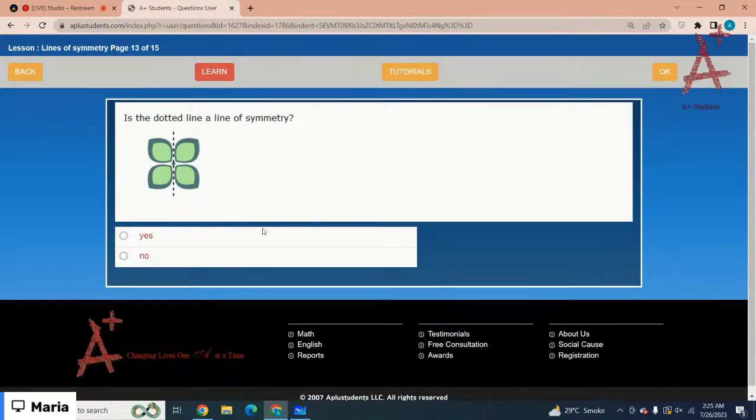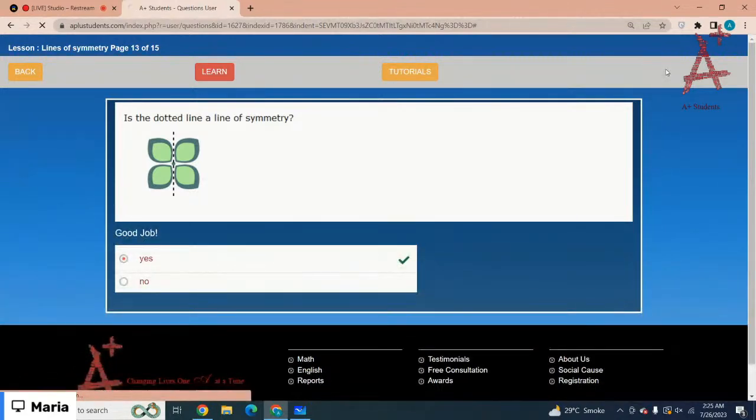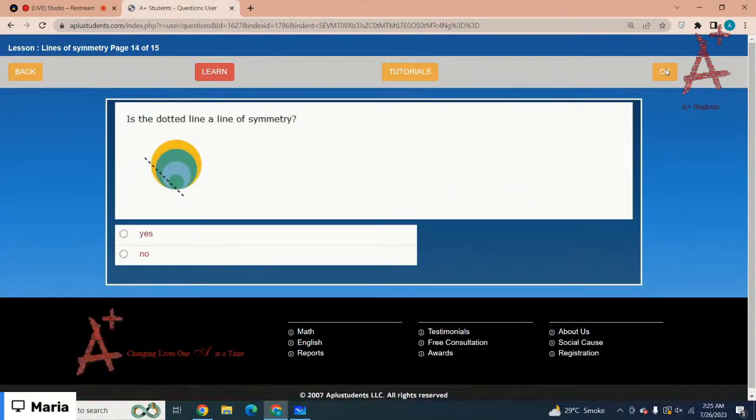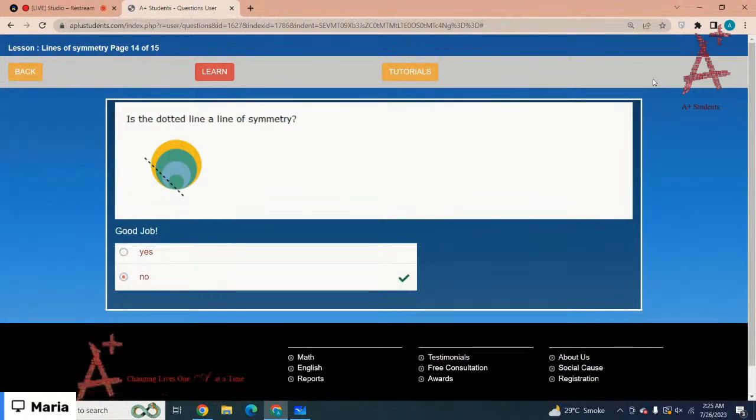The correct option is yes, it is a line of symmetry. Is the dotted line a line of symmetry? Which is the correct option? The correct option is no. The given line is not a line of symmetry.